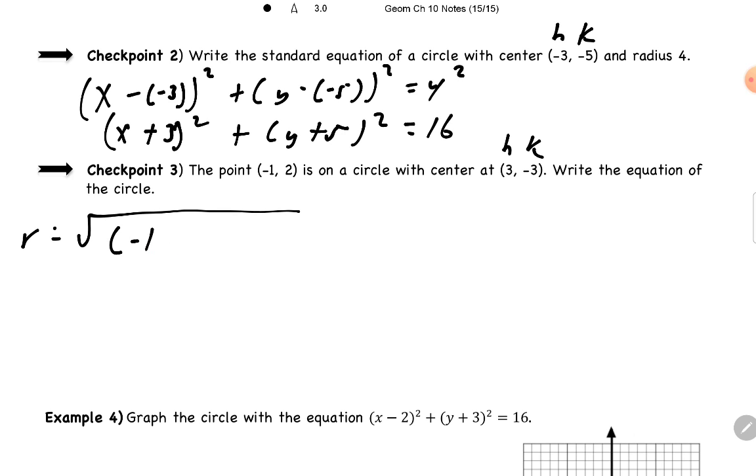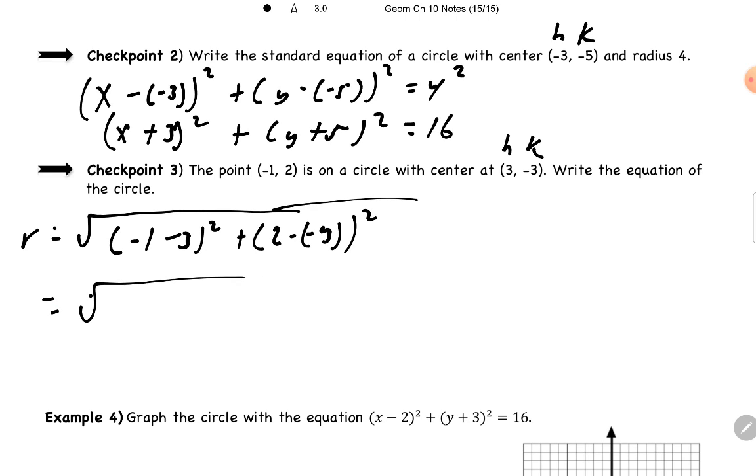So -1 minus 3 squared plus 2 minus 3 squared. And that'll give us square root of -4 squared plus 5 squared.